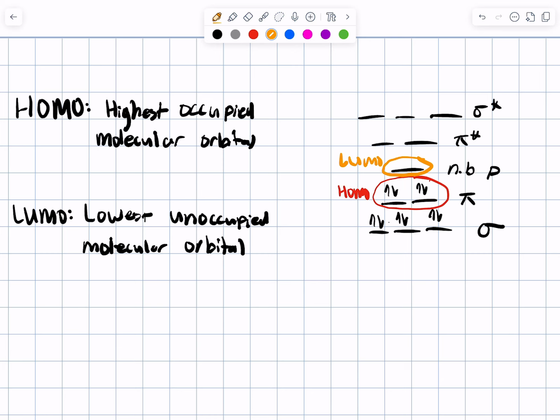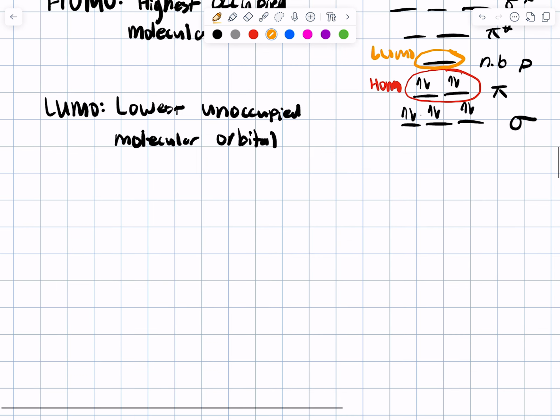So the first thing that I do want to do is let's just get it out of the way. Let's give you a list of things to look for identifying a HOMO and a LUMO. So when I'm given a molecule, let's look at something like this.